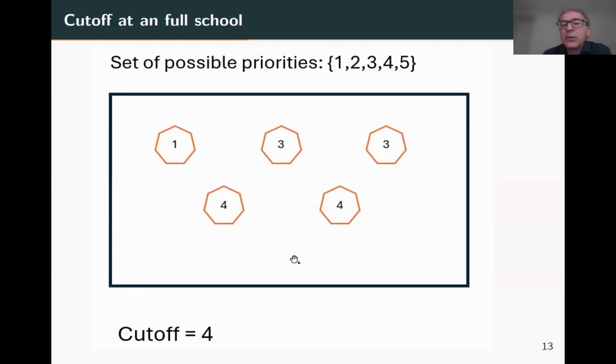Any student who has priority 3 or less, if they want that school, they would get into that school right away. Any student who has priority 4 is not guaranteed to get into that school; that depends on how the ties are broken. And students with priority 5 cannot get into that school even if they want it as their first choice. So this is how I define the cutoffs.